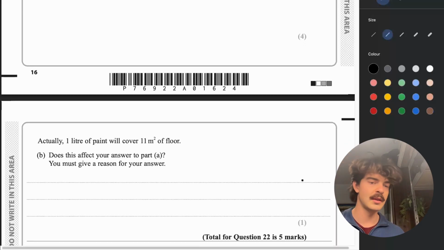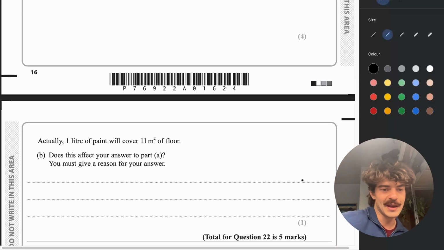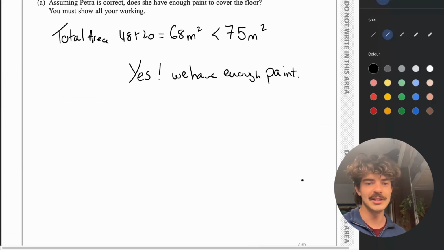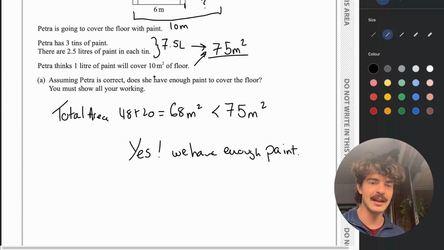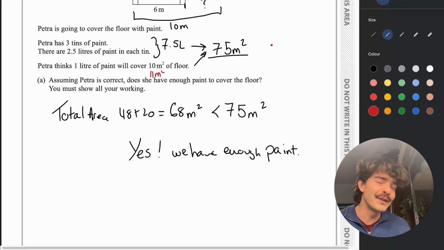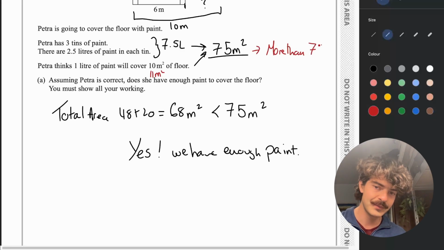Amazing. Oh, okay. Actually, 1 litre of paint covers 11 meters squared of the floor. Okay. So each litre here could actually cover slightly more. This was actually 11 meters squared. So how much could we actually fill? Well, if each litre can now cover more floor, we don't need to figure out exactly what it's going to be, but we know it's going to be more than 75.